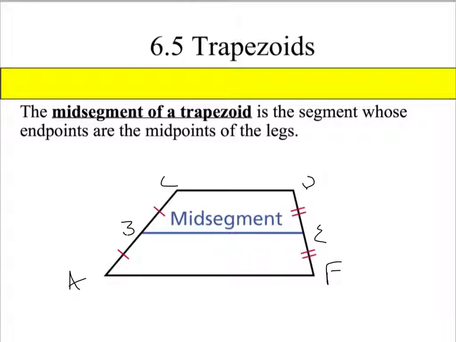DE is congruent to EF. And the only thing that makes that possible is that mid-segment that goes straight across. It becomes the midpoint of both legs, and it's a segment that connects them. Okay, it connects those two ends.